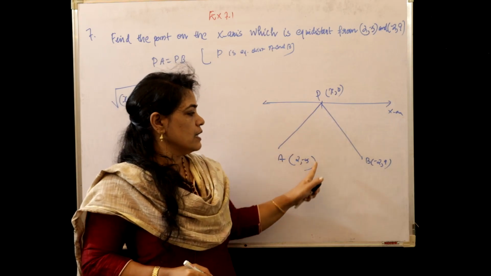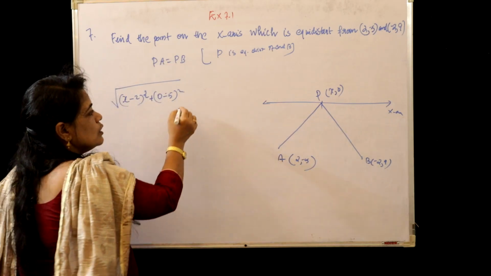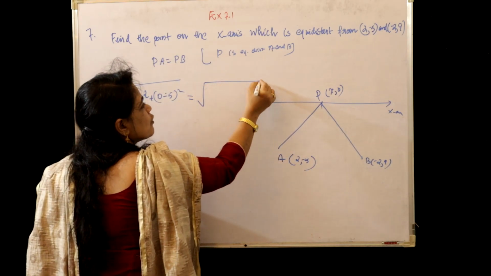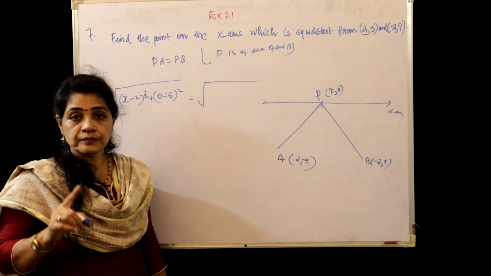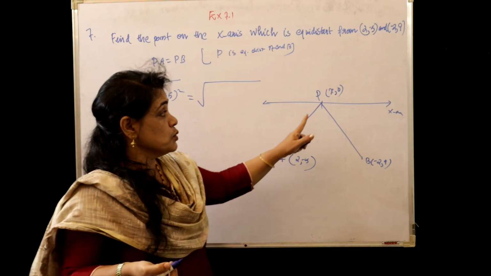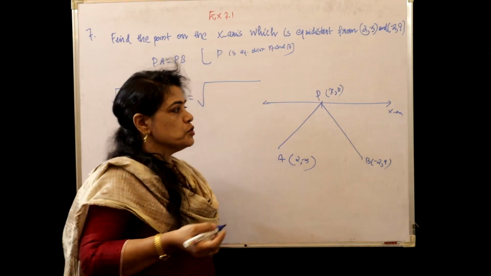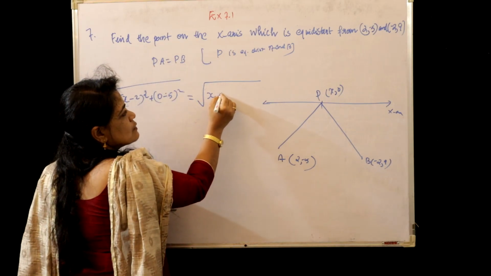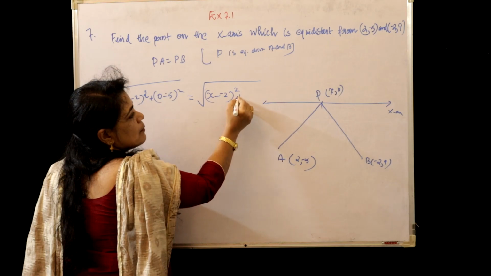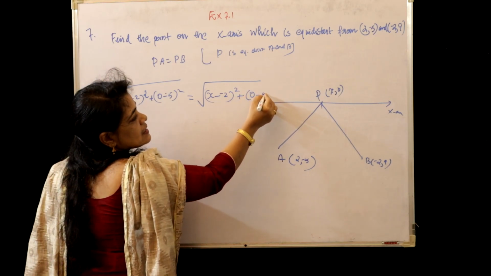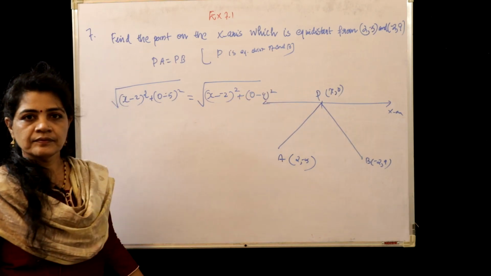And this is equal to PB, same distance formula, square root of x minus minus 2 whole square plus 0 minus 9 whole square.